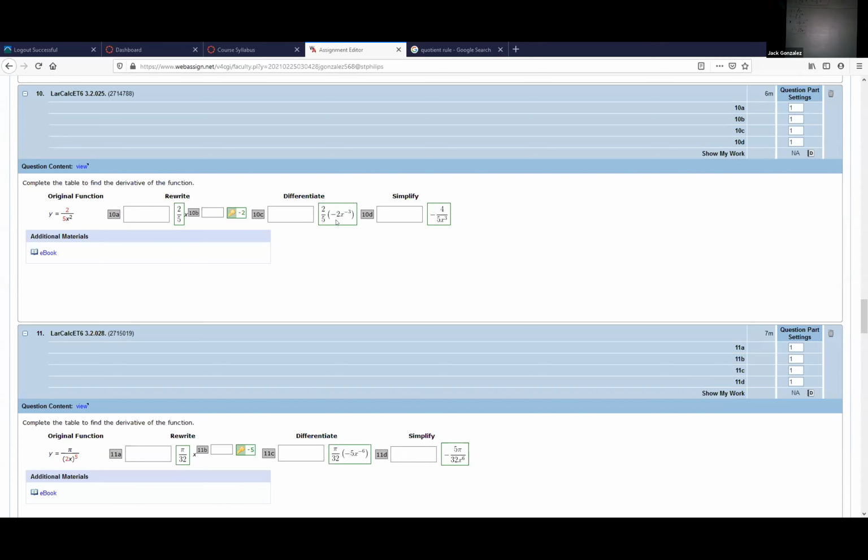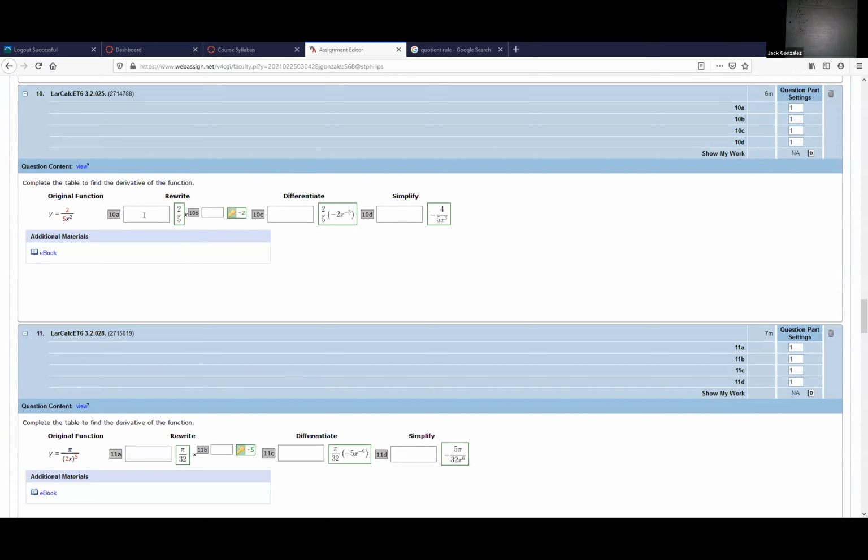That's what I did earlier. Let's see, where is it? Okay, so the final box is the answer. The second box is the derivative. The first box is rewriting the question. The first two boxes.